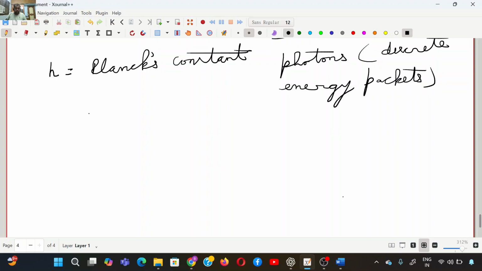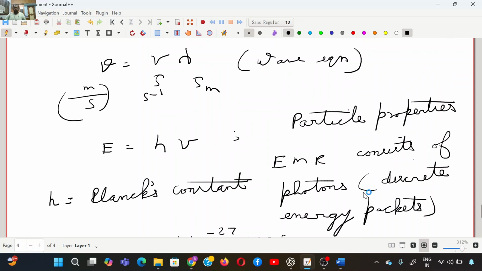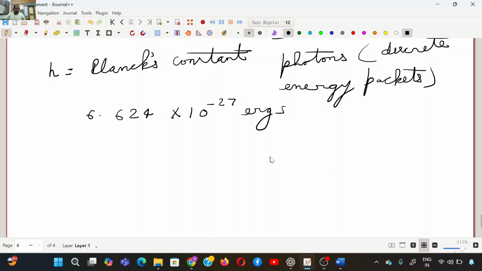It is 6.624 into 10 to the power minus 27 erg second. And here in this equation, E is the energy of the photon, and nu is the frequency.